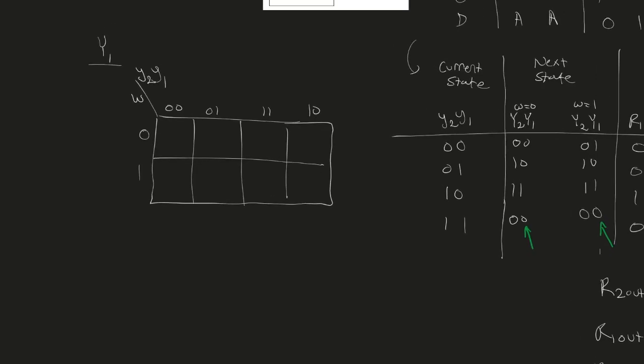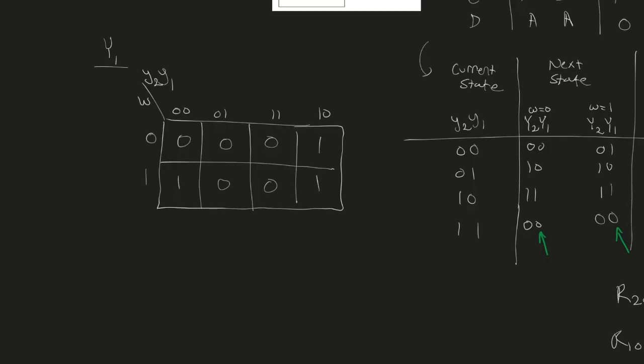So when W is 0, at 0, 0, Y1 is 0. At 0, 1, Y1 is 0. At 1, 0, Y1 is 1. And at 1, 1, Y1 is 0. Now for W equals 1, it's 1, 0, 1, 0. Okay, so something like that.